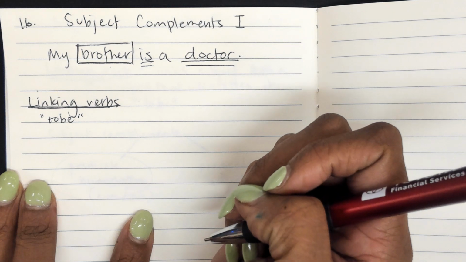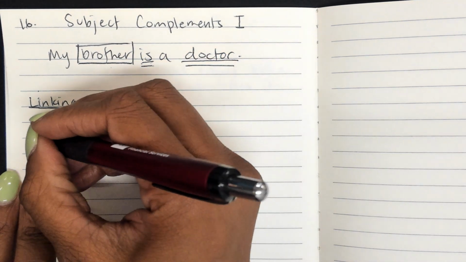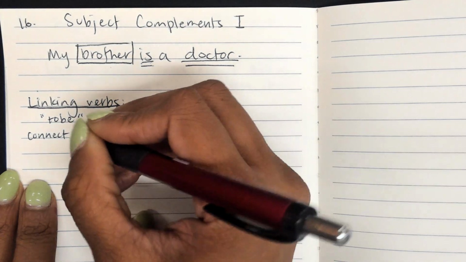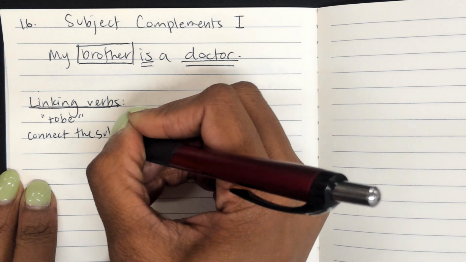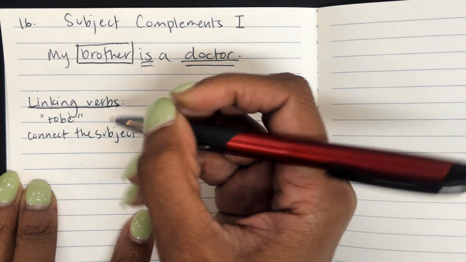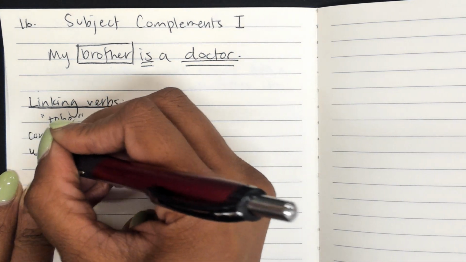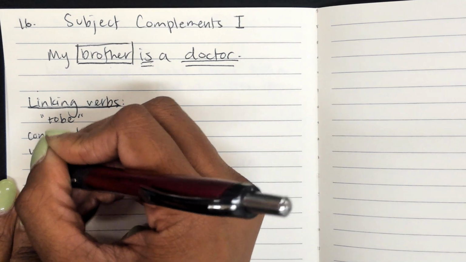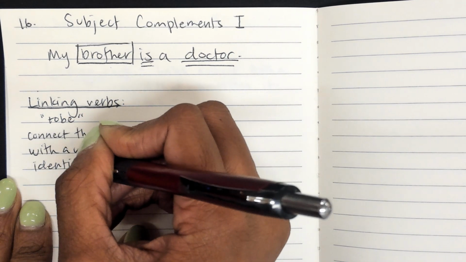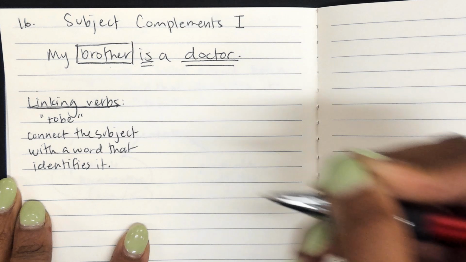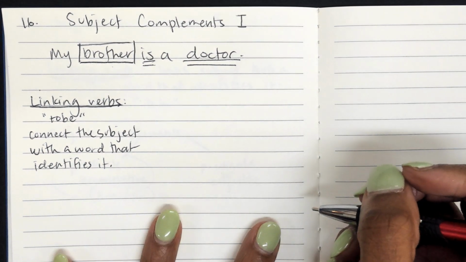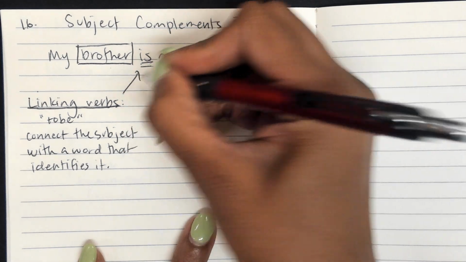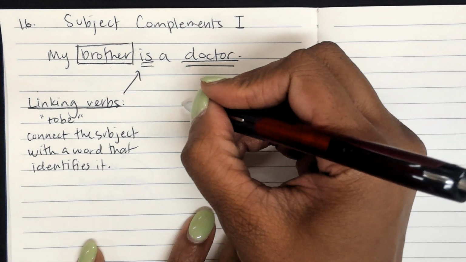And these, again, they connect or link the subject of a sentence with a word that identifies it. Okay, now we have to figure out what that word doctor is. There's a very fancy name for this, and it's called the subject complement.